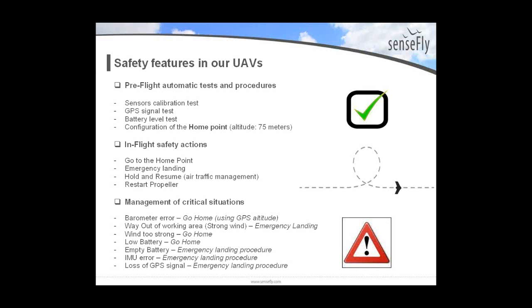It'll do a GPS signal check, a battery level test, a configuration of the home point, and a sensory calibration test. And then in-flight safety actions: it'll go to the home point, it'll do an emergency landing, it'll hold and resume for air traffic management, and you can restart the propeller.